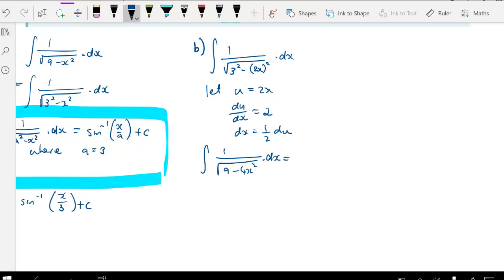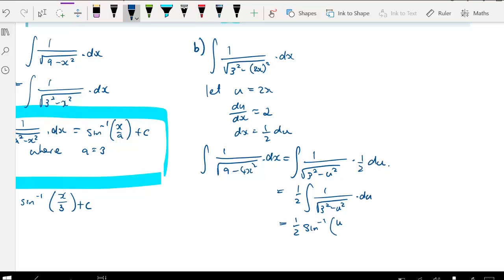When we substitute this all in, 1 over square root of 9 take 4x squared with respect to x is equal to the integral of 1 over square root of 3 squared take u squared, and instead of dx, we've got 1/2 du. So it's equal to 1/2 integral of 1 on square root of 3 squared take u squared du, which is 1/2 arc sine of u on 3 plus c.